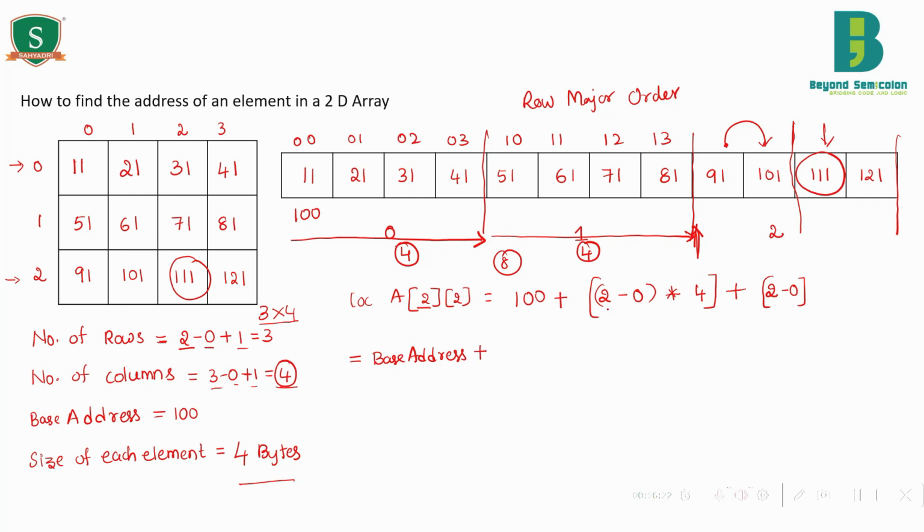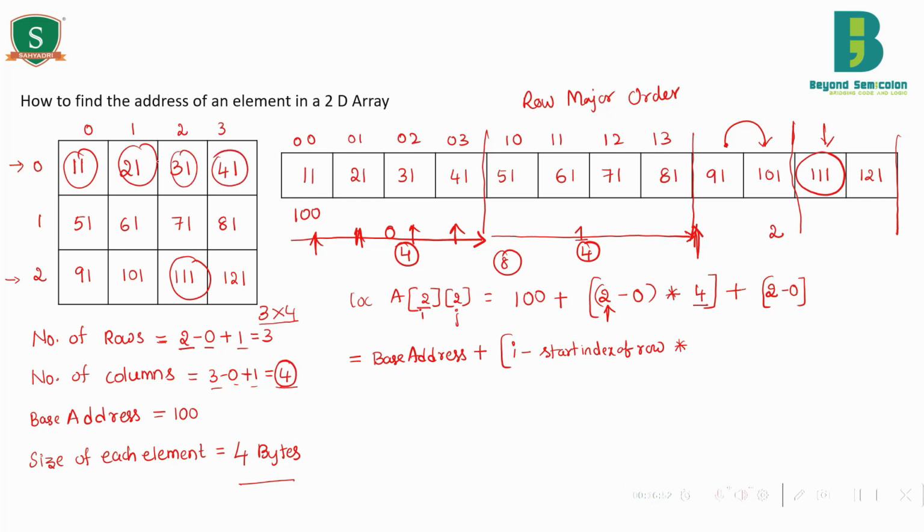plus, I and j values considered, this is the I value subtracted by the start index of the row, multiplied by 4. 4 is nothing but the number of elements in the row. How many elements are there in the row? 4 elements: 1, 2, 3, 4.